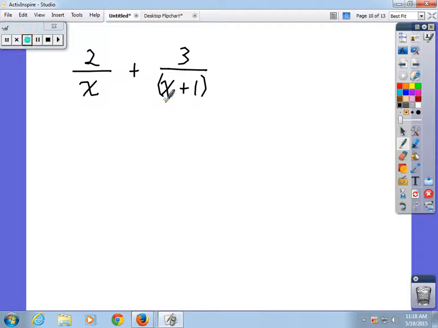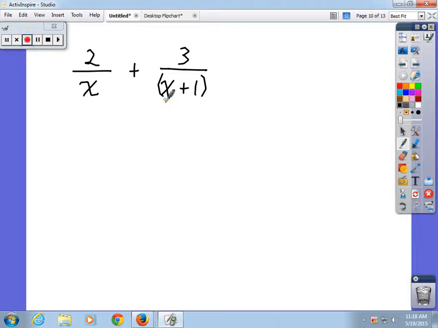Well, they have nothing in common, so you put them together. So that's what you do here. You just put them together. No, you don't have to distribute them. Put them side by side.